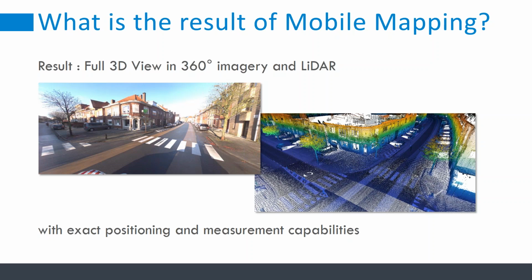Now, thanks to the fact that these systems are of course combined with a GPS, with an IMU and processing of the data, we get as a final result of each image exact position and orientation of the recording. As well as it is combined with a LiDAR scan, for every pixel in the picture, you get the right XYZ coordinate. So in other words, we have extremely accurate measurement capabilities that we can use.